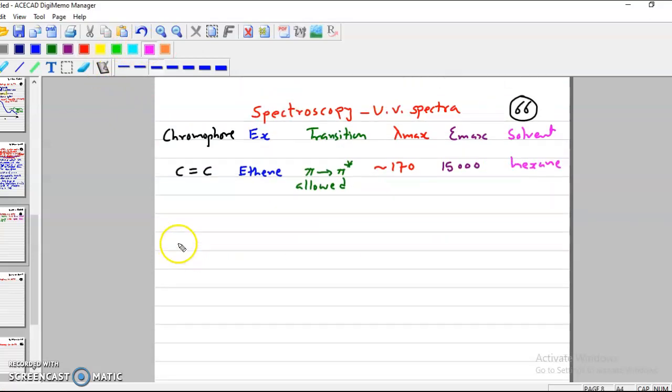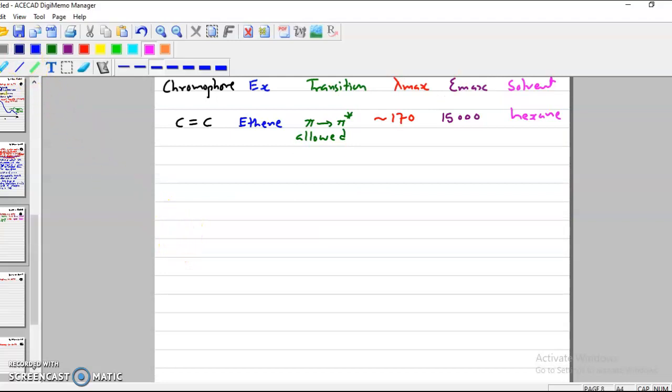The second one is the C triple bond C group, which is a chromophore. The best example is 1-hexyne, in which the pi to pi star transition will be in plane, so we call it allowed.